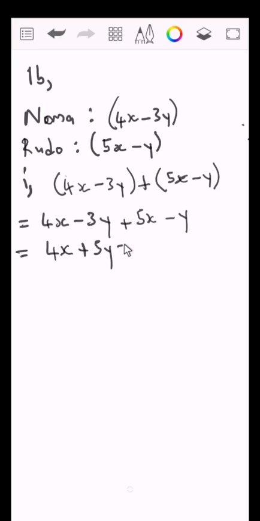Then we have minus 3y, which carries its minus, then minus y carries its minus. I'm sorry, this should be x. I wrote it wrongly here, I'm sorry. So this is going to be equal to 4x plus 5x, which is 9x, and minus 3y minus y, which is minus 4y.